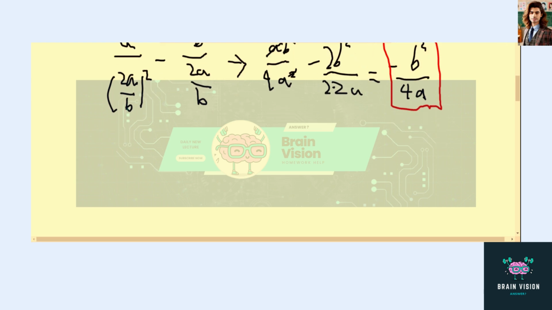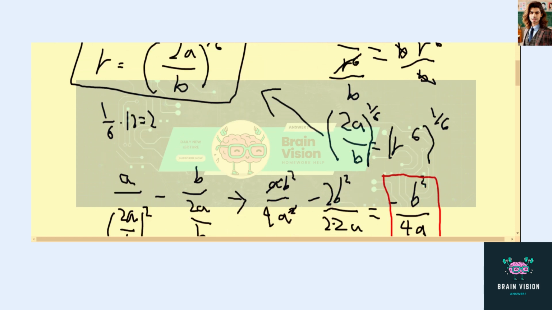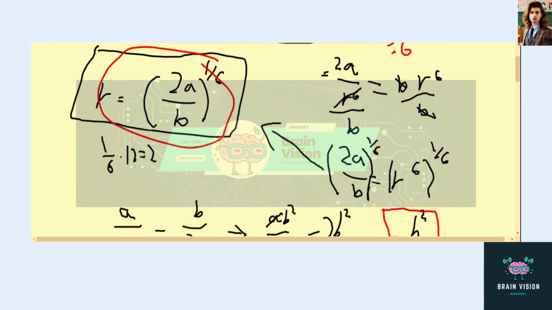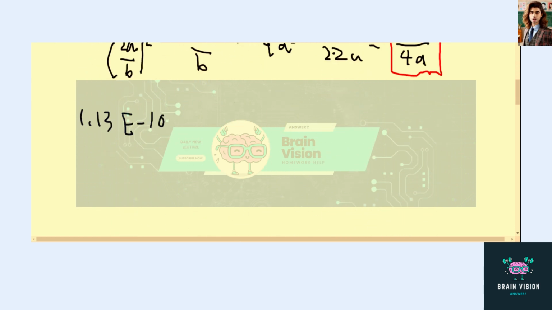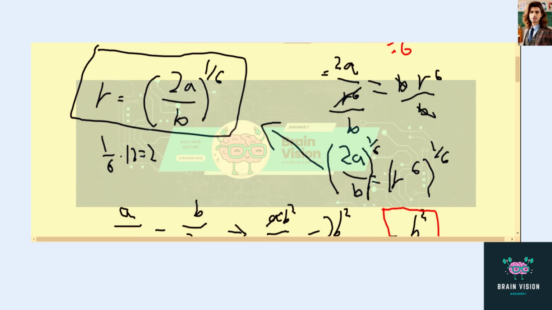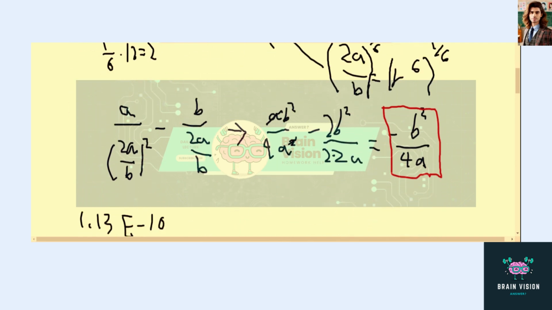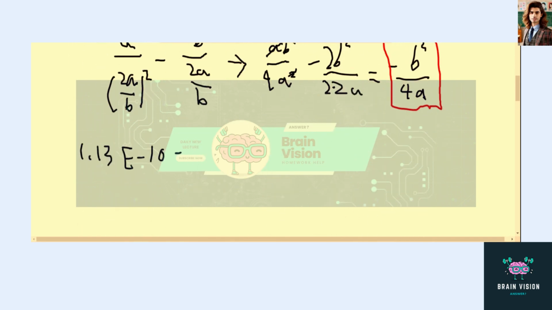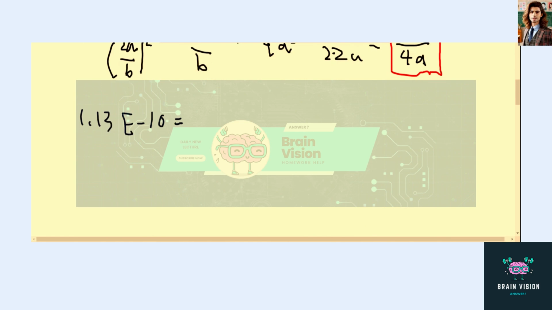So if it gives us the equilibrium distance is 1.13 times 10 to the negative 10th power, tongue twister there, we have our distance formula. Distance is right here. So we can use this once more to solve. So this will equal 2a over b to the 1/6 power.